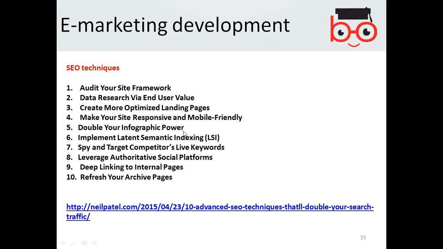Infographic is basically content presented as information as well as graphical representation. So it should be much more infographic. Implement latent semantic indexing. Latent semantic indexing is basically to explain with more semantics, more and more, with every index of your page. Spy and target competitors' live keywords.